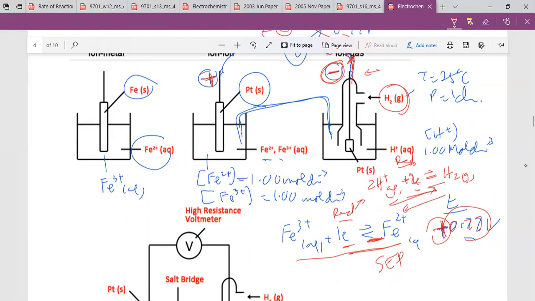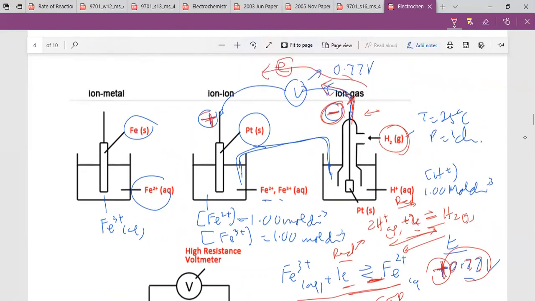So it must be over here. What's happening here? H2 gas becomes 2H+ plus 2 electrons. These are the electrons that are flowing out here. And what's happening here?